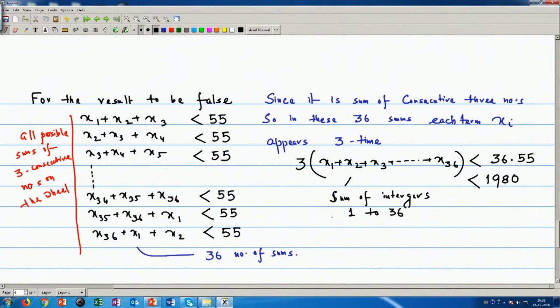So, this sum is 36 into 37 divided by 2.